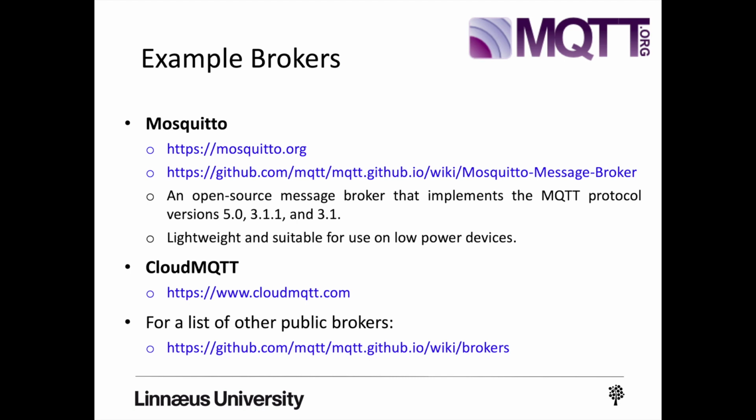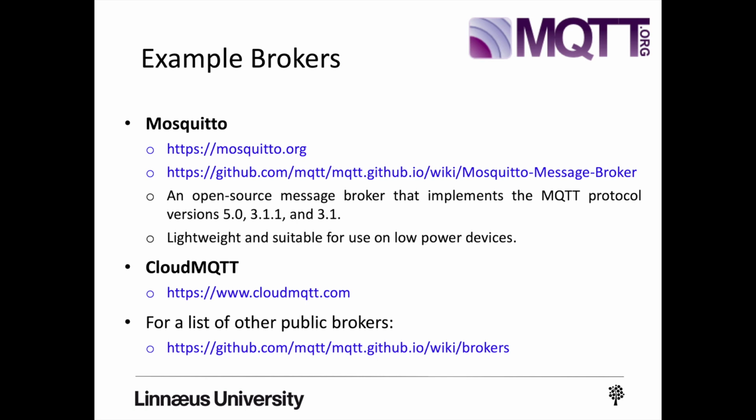There are multiple brokers. Some of them are proprietary, some of them are open source. There are also cloud brokers. One very common broker is Mosquitto, an open source message broker that implements the MQTT protocol versions 5.0, 3.1.1 and other previous versions like 3.1.